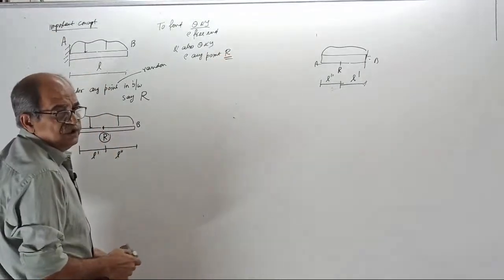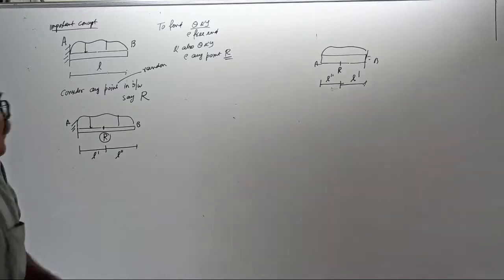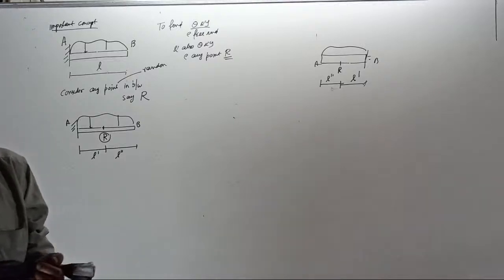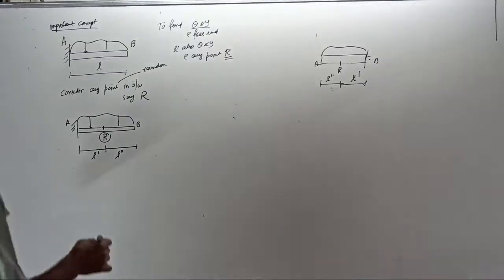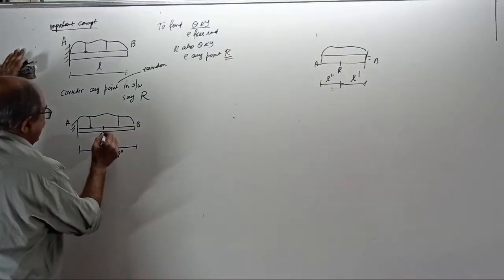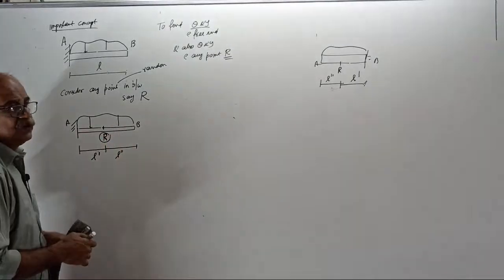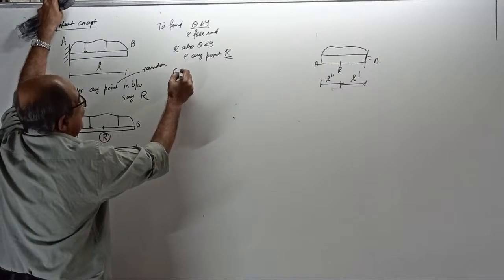For that I use a color to understand better; red is better. See, the point R I will take here. From the left side I'll call it L dash, and the right in black.